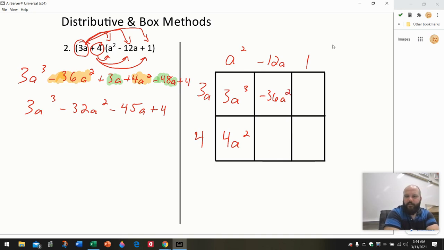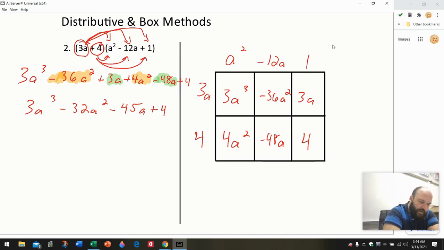Remember, 3 times negative 12 is negative 36, and a times a is a squared. Now we have negative 12a times 4, which gives me negative 48a. And then we have 1 times 3a, which gives me 3a. And then we have 1 times 4, which gives me 4. And there you go. Everything is multiplied out.